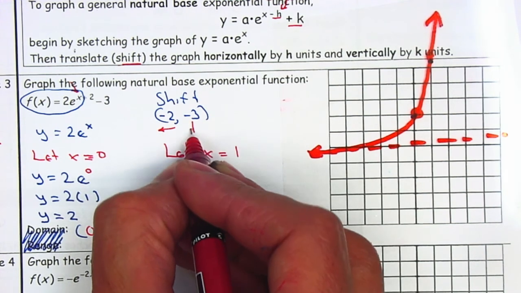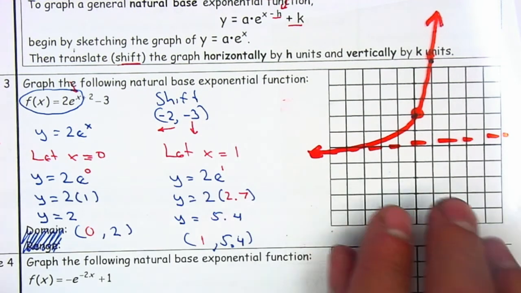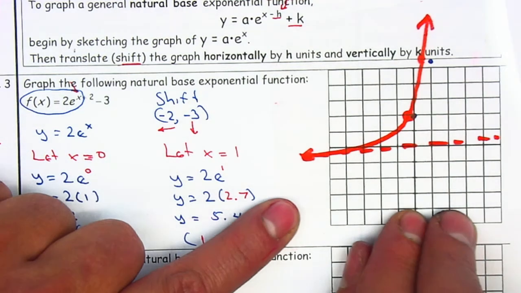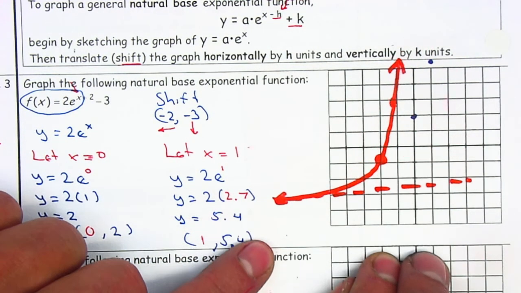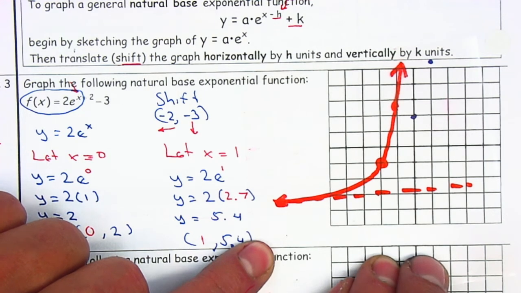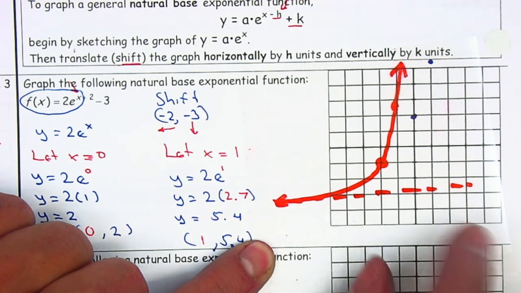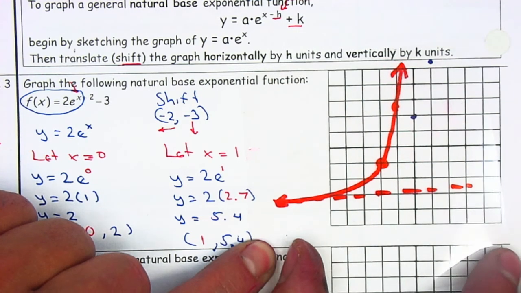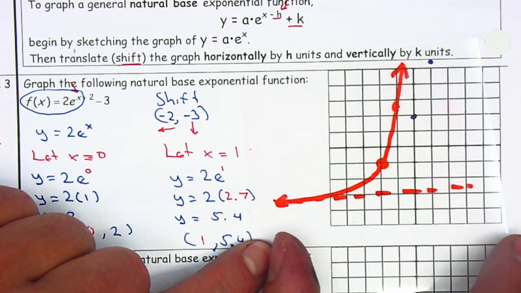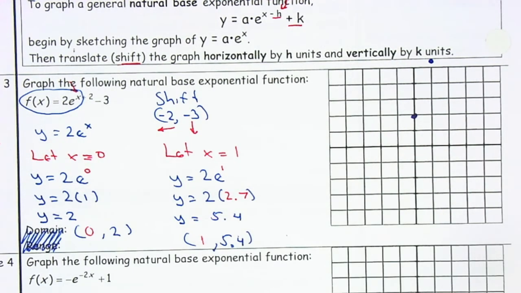This is -3, then we'll shift it down 3. So once you have a graph, then you want to shift it 1, 2, and then down 3. 1, 2, 3. And then graph it. But without having a little overhead, it's really difficult to do it, even to transfer it. So that's why we actually have to do step by step.